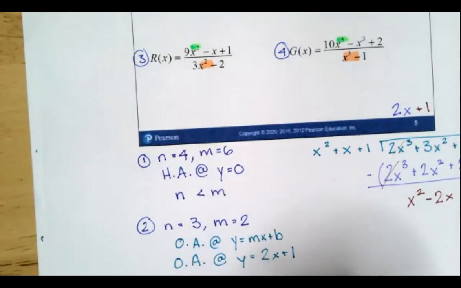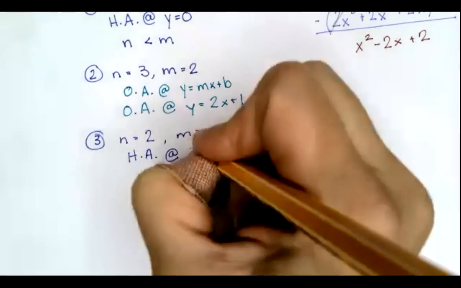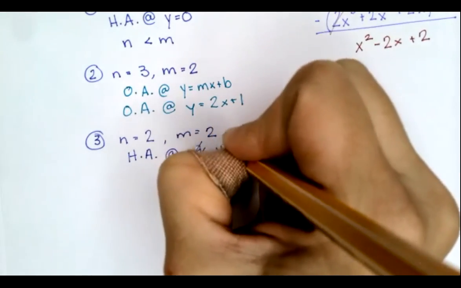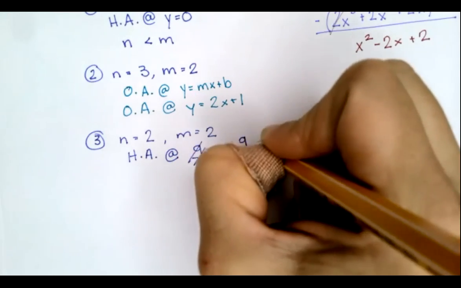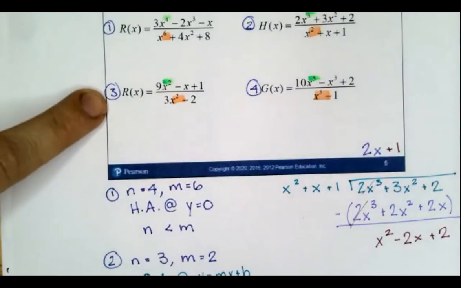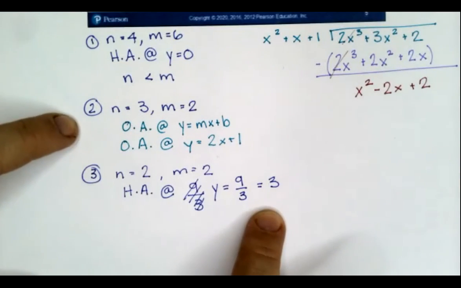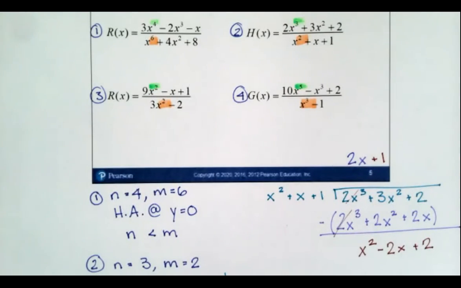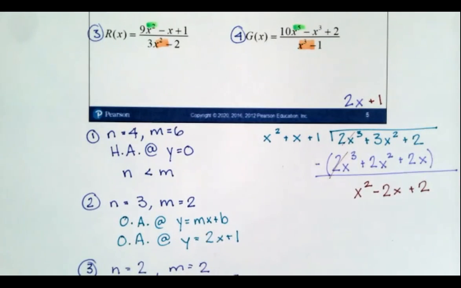Oh, sorry, horizontal asymptote at y equals 9/3, which is 3. So if I put y equals 3 into Desmos, you will see that the end behavior follows and is near y equals 3. Good.